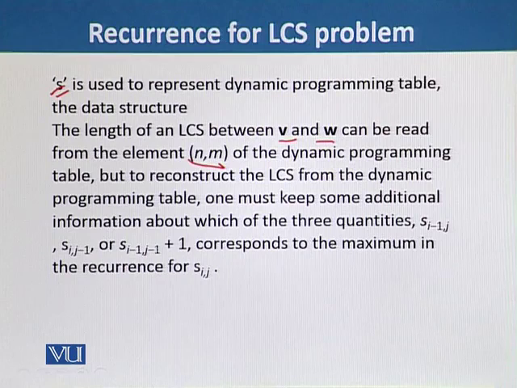But to reconstruct the LCS from the dynamic programming table, we can keep some additional information about which of the three quantities, Si-1,j, Si,j-1, or Si-1,j-1 plus 1, corresponds to the maximum in the recurrence for Sij that we saw in the previous slide.